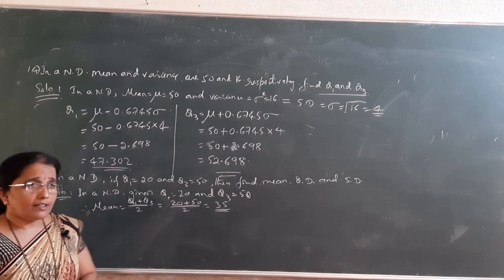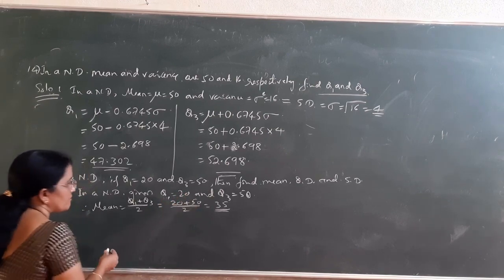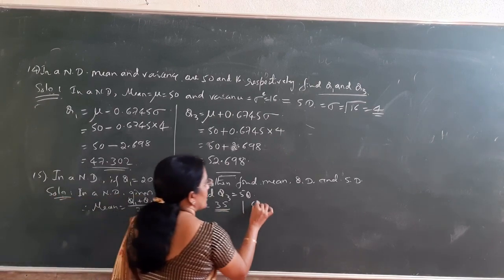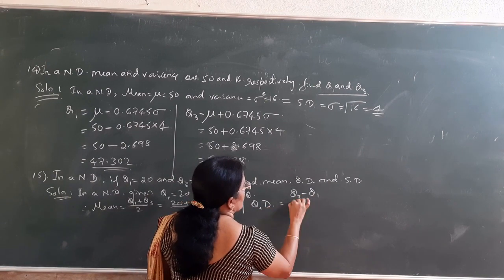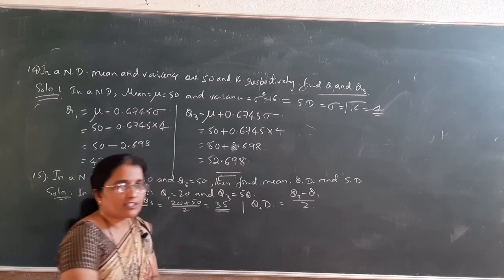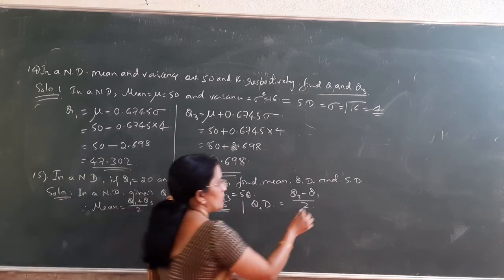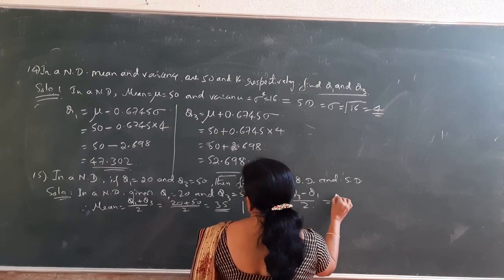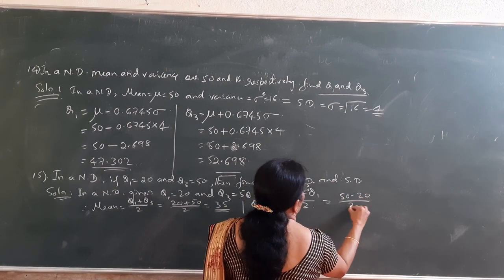But easily we can find it like this. In first PU we studied quartile deviation is equal to Q3 minus Q1 divided by 2. This is the simplest way of calculating quartile deviation, right? Which is equal to 50 minus 20 divided by 2.